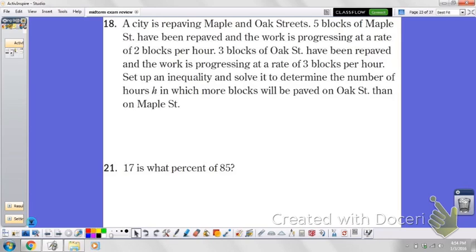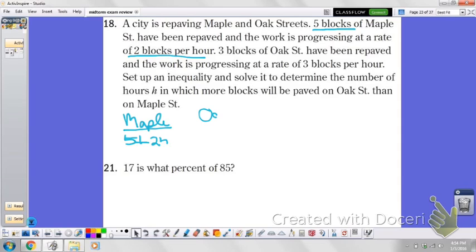So let's go ahead and set up expressions for each of the streets. So let's set up Maple Street first. It says that Maple Street has 5 blocks have been repaved, and they are progressing at a rate of 2 blocks per hour. So for Maple, that looks like 5 plus 2h.